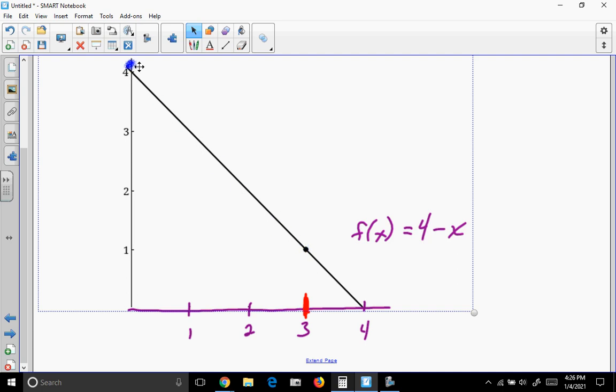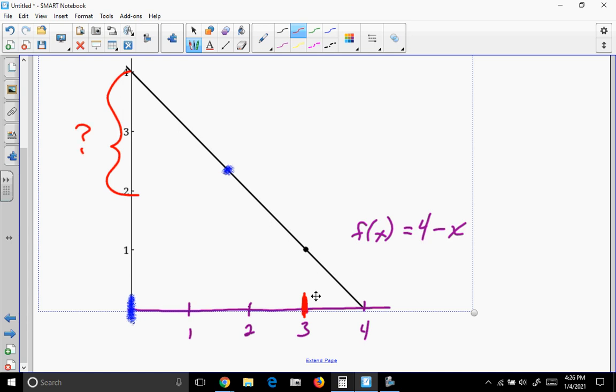So I'm starting over here, and then I'm letting my point get closer and closer to this x value. And I want to know in the y direction, in this direction, what y value am I getting closer to?